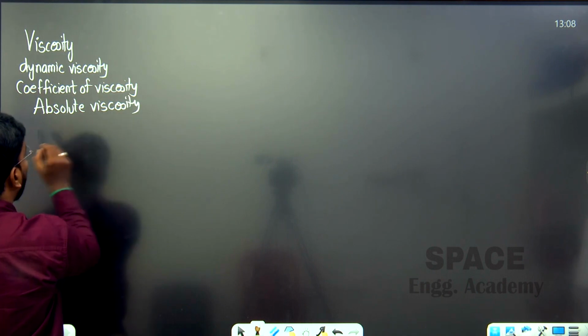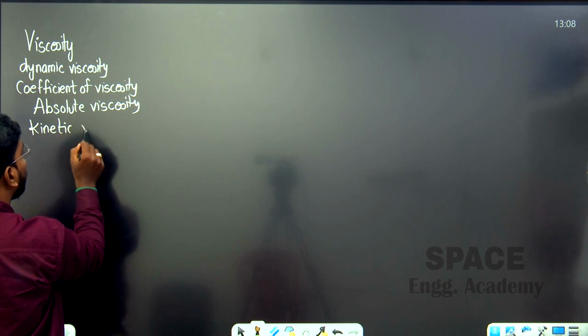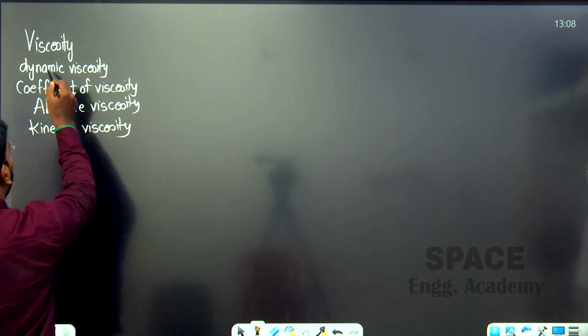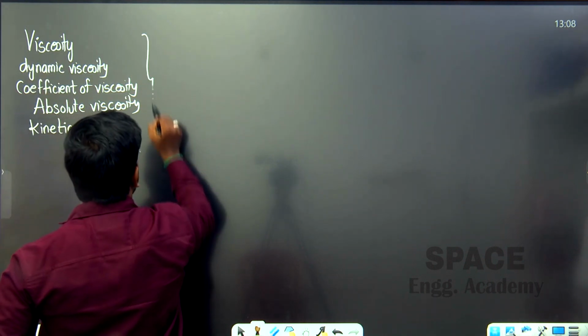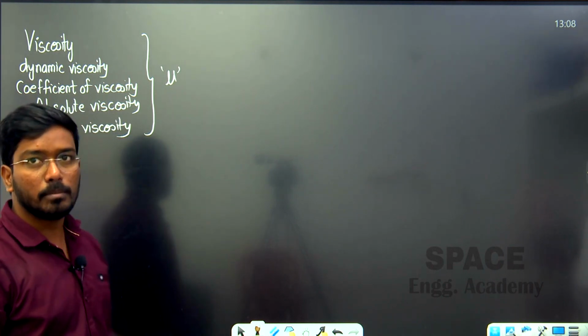In some textbooks, to twist the question, they use the word kinetic viscosity. Kinetic, dynamic, coefficient, absolute, or simply viscosity, which is denoted by the symbol mu.